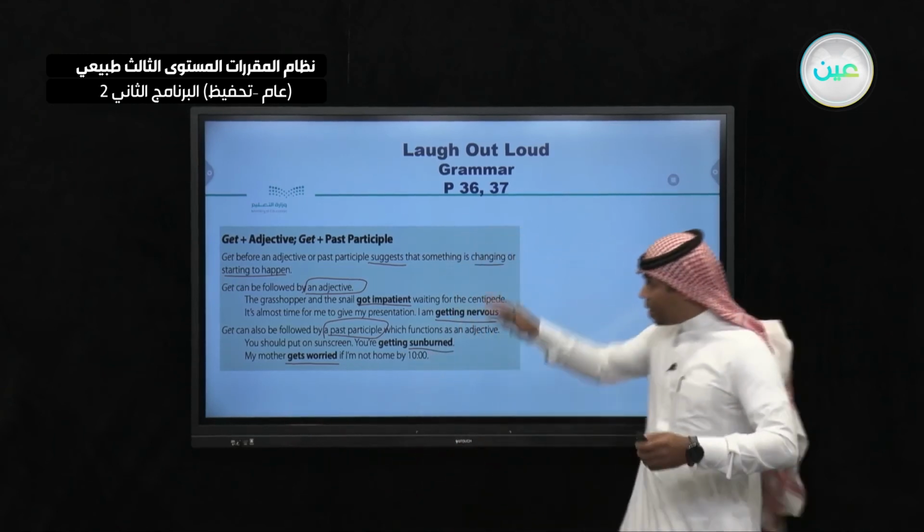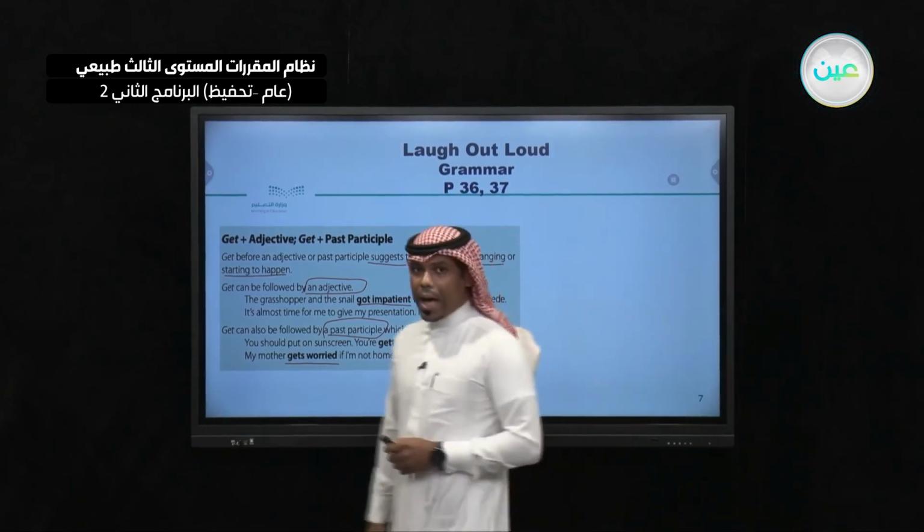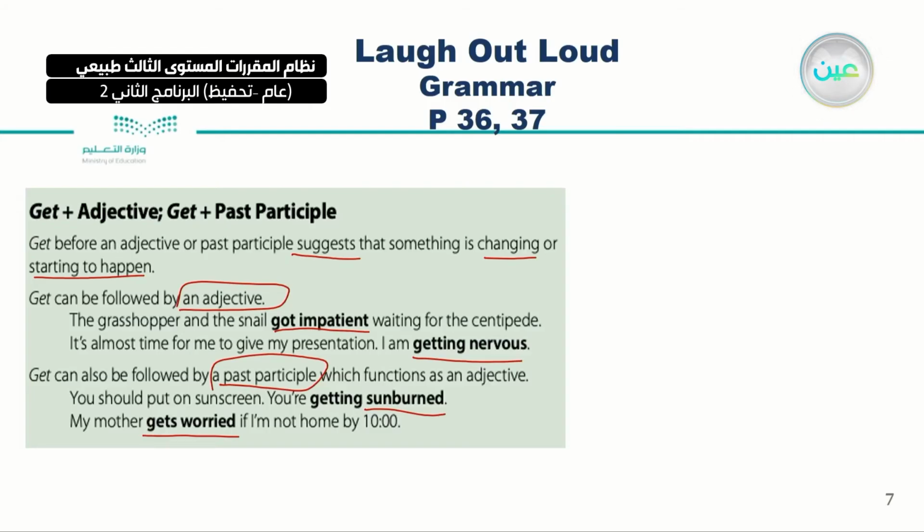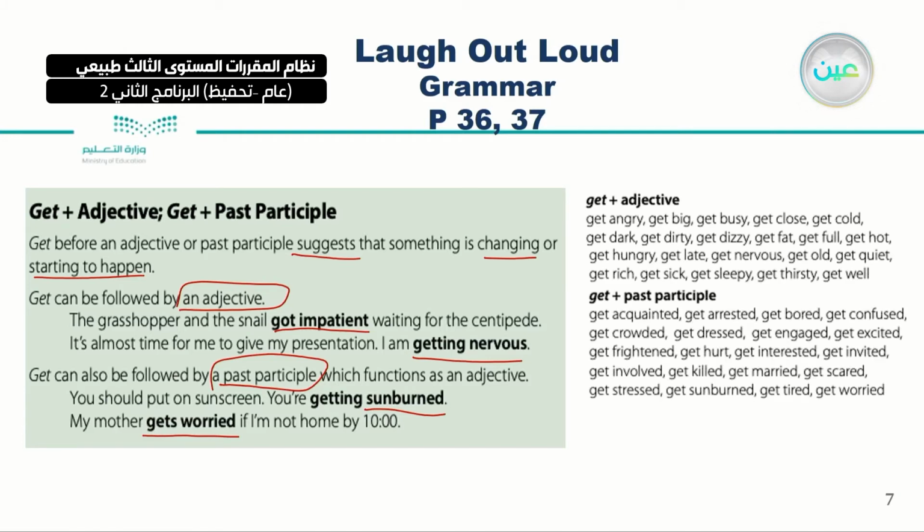So let's see some of the adjectives, and of course the past participles, I could use after get. Here we have get angry, get big. You have a list of adjectives here, and here another list of past participles.